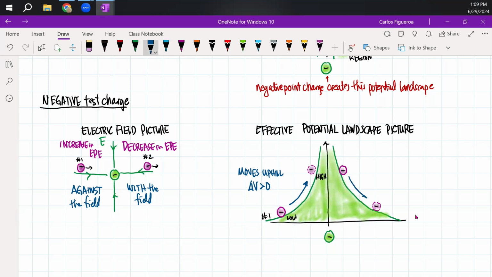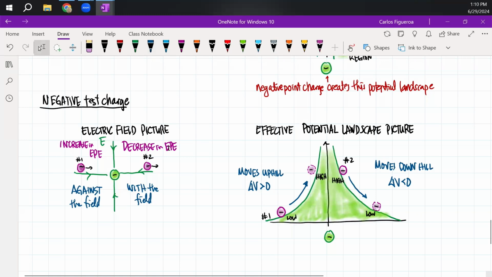The reason we're seeing this is because, again, this starts off at a high potential and it now goes to a low potential. So as a consequence, as it moves downhill, the potential here decreases. So that's the physics of pictures of potential fields.